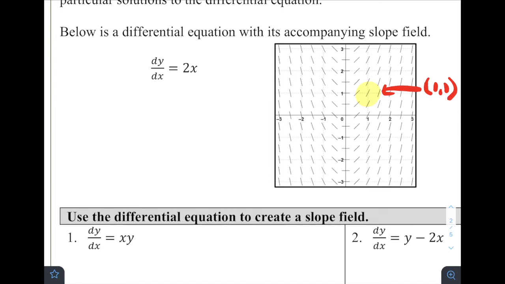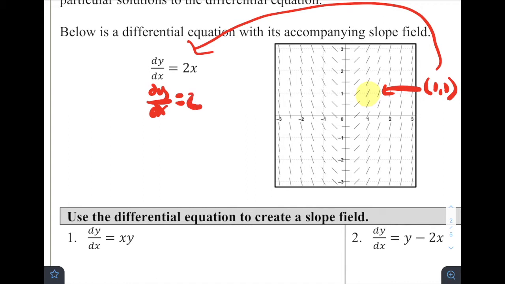Now, what our differential equation is saying is that at that point, if I want to find the slope, dy dx is going to equal 2 times whatever the x value is. So our x value at that point is 1, and so the slope there is going to be 2 times 1, or 2. And what we can see here is that this little tick mark is essentially a little line that has a slope of 2.